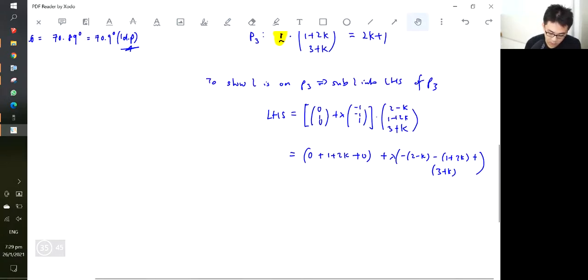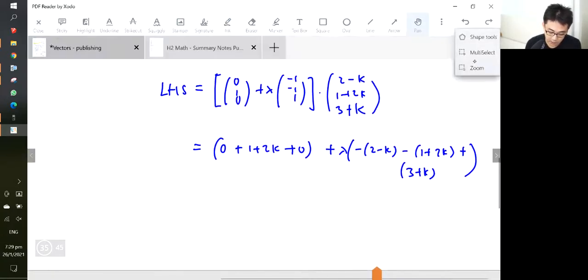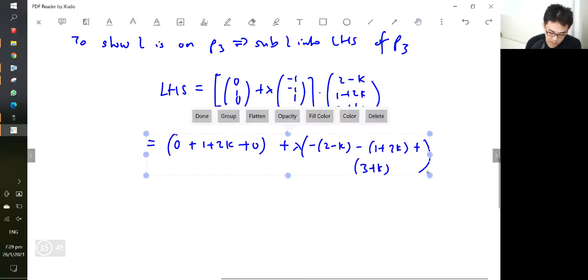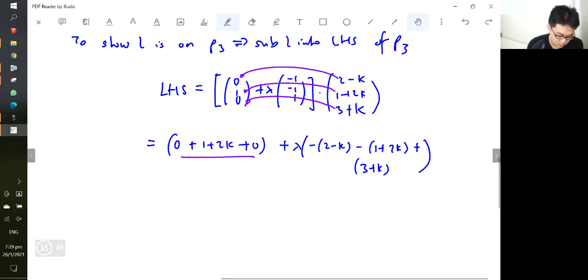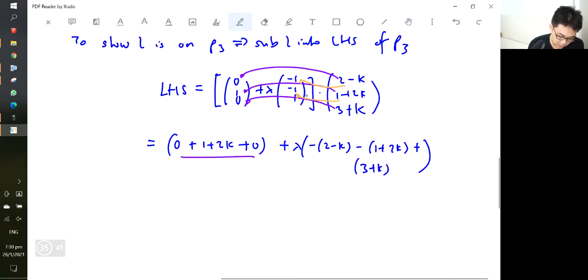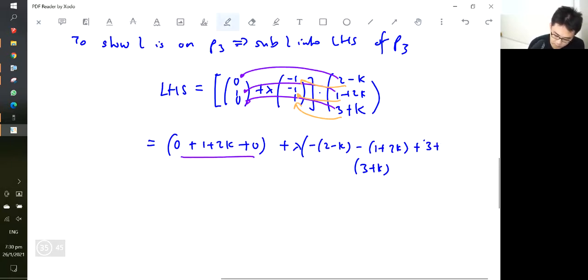Okay, so remember how I manipulate it: this one multiplies with this one, this one multiplies with this one, so this one is 3 plus k. So this part will be 1 plus 2k.